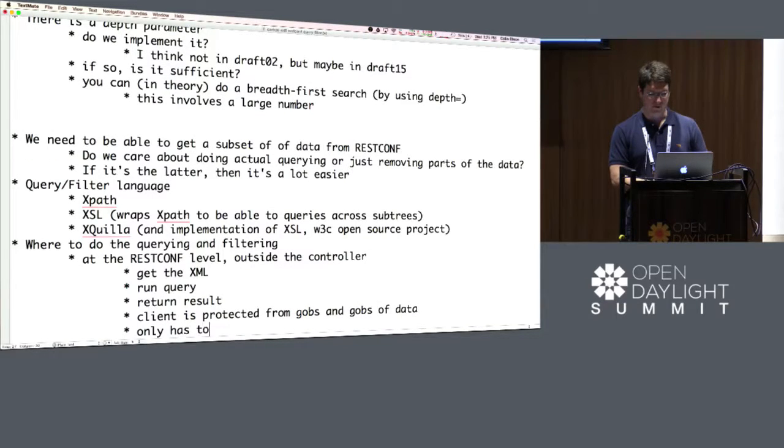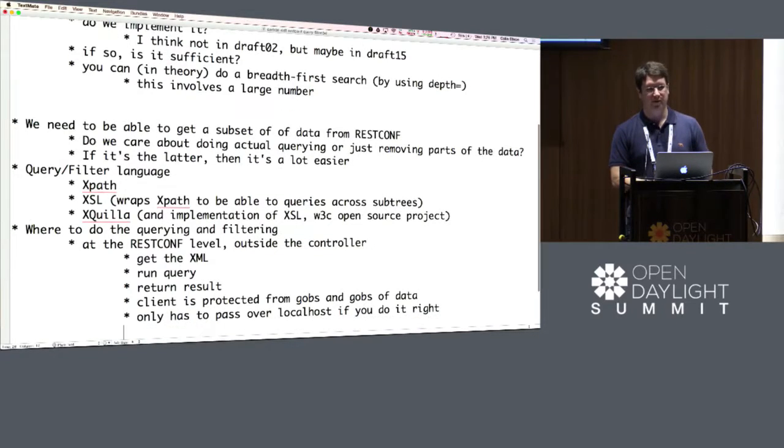It only has to pass over localhost. That would be something really, really simple. It would solve some of the objective. Clearly it doesn't protect the resource consumption of the controller.